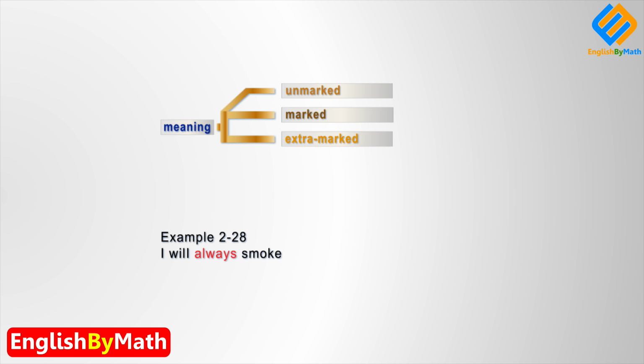The meaning in 228 is limited only to this context or situation. This makes example 228 extra marked. Adding always to the simple future makes it extra marked, or XX marked in short form.